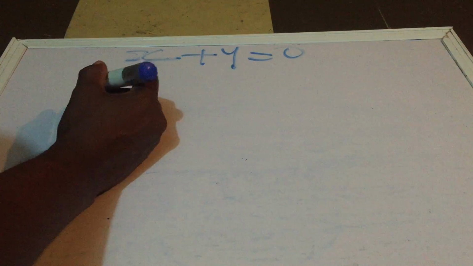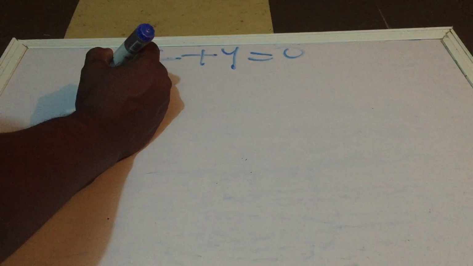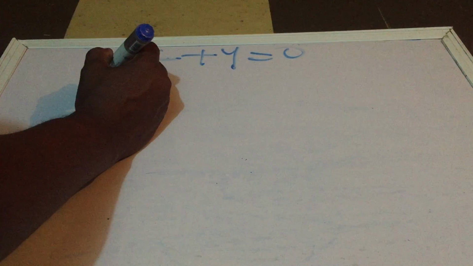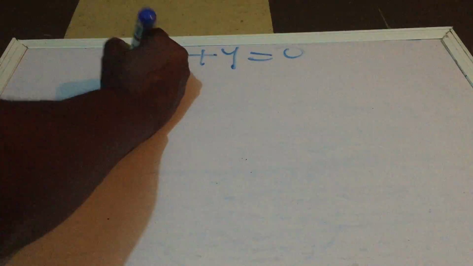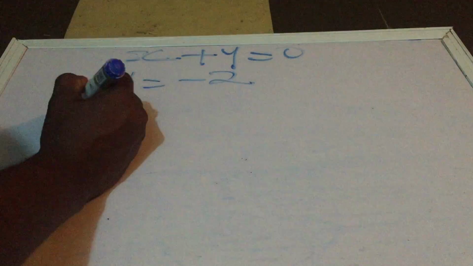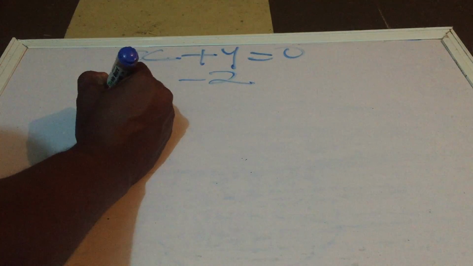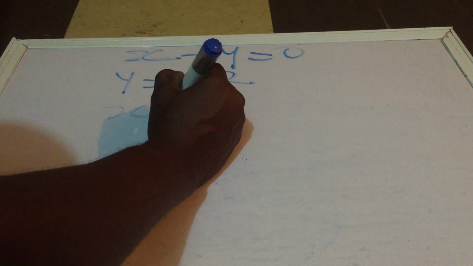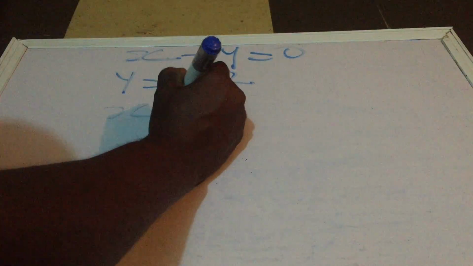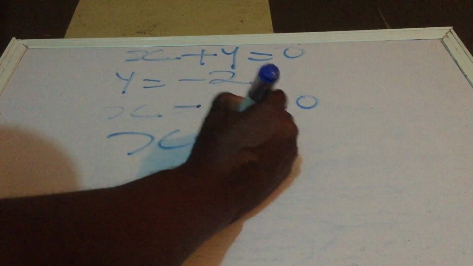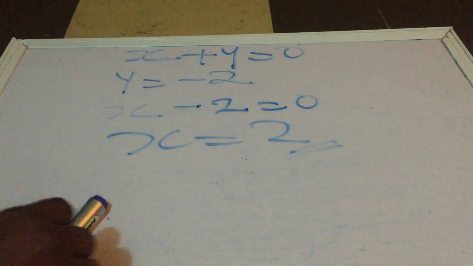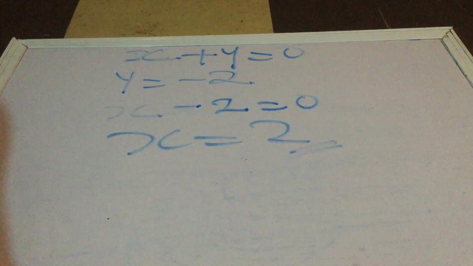And with our y being minus 2, we put minus 2 in place of y. So x minus 2 is equal to 0. So x is equal to 2. That's it. Solution.